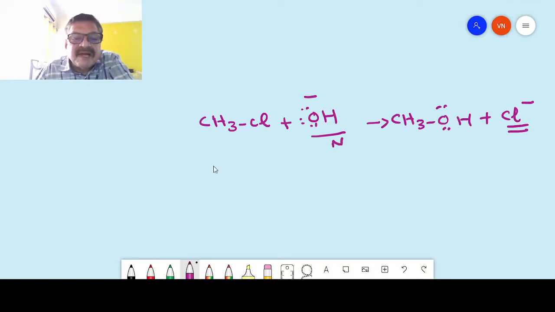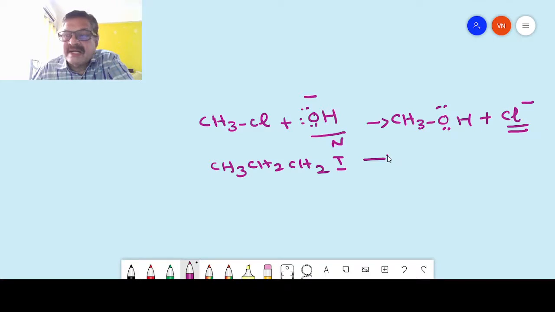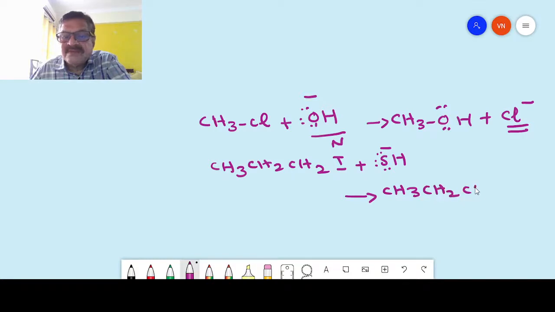Now another example, CH3CH2CH2 iodide. It is reacting with what? A nucleophile should be there. So SH minus is the nucleophile here. This will give you the compound CH3CH2CH2SH plus I minus, and I minus is the leaving group.